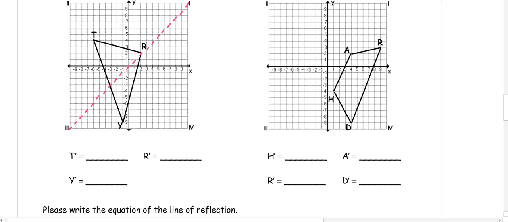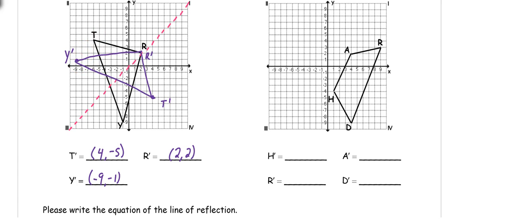So instead of -5, 4, our point is now 4, -5. I'm going to go to 4, -5, and that's T prime. R is on the dotted line, so it's going to keep the same point of 2, 2. Y is at -1, -9, so we switch that, and it's now -9, -1. And then I'm just going to connect my points in order to draw my image.